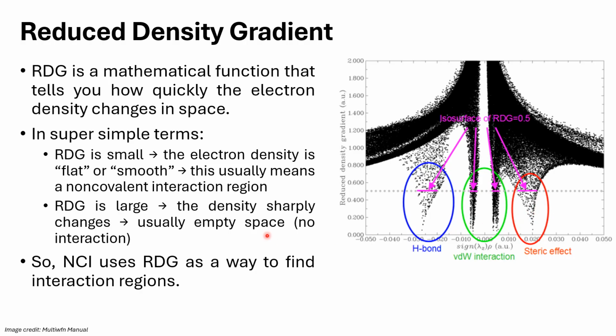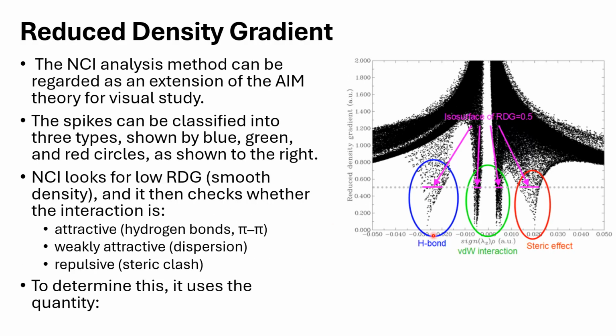So yeah, RDG is a way to find interaction regions, and then you can see that there are different regions, like hydrogen bonds are appearing in this region, and then near to zero you will see the van der Waals interaction, and to the right, to the positive side, you will see the steric effects.